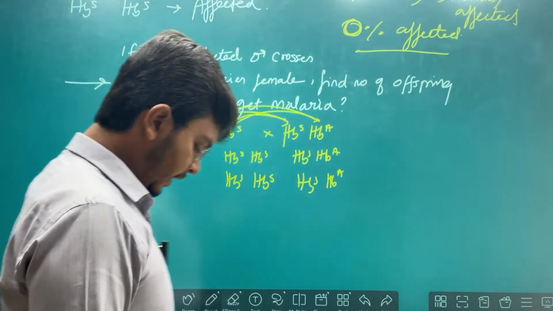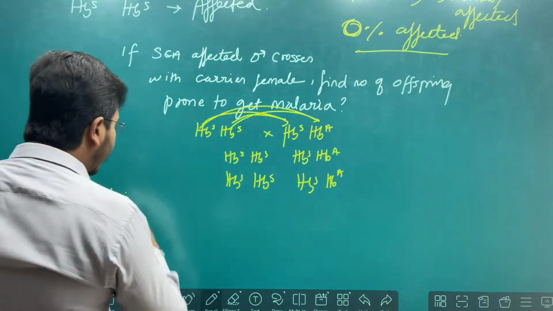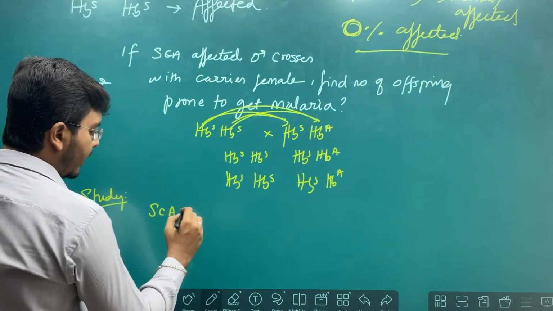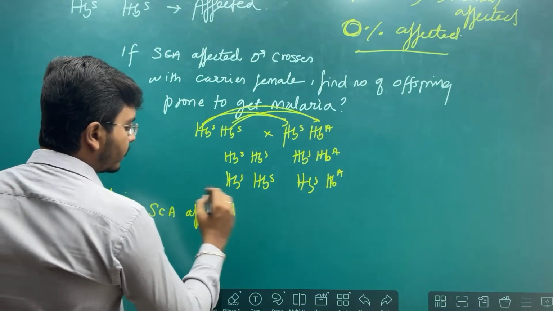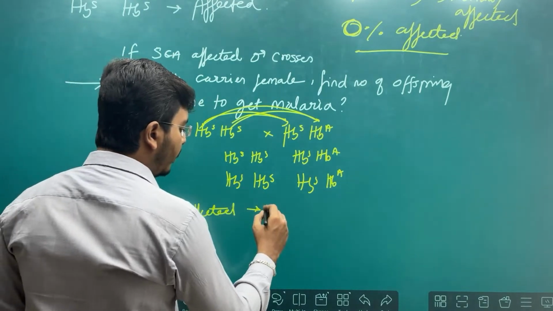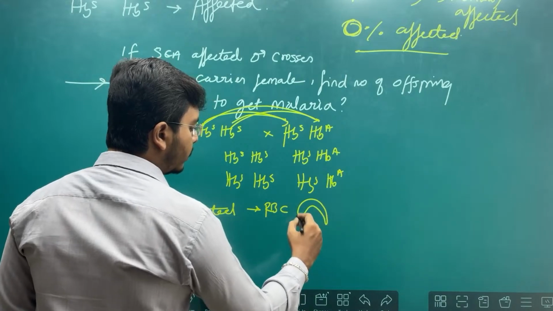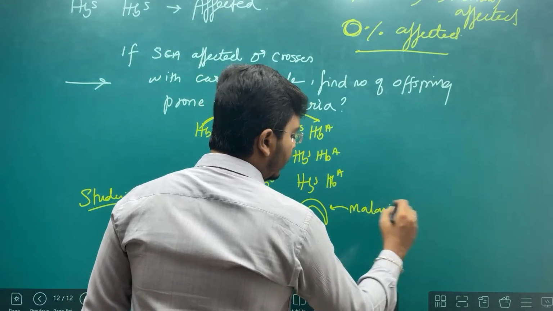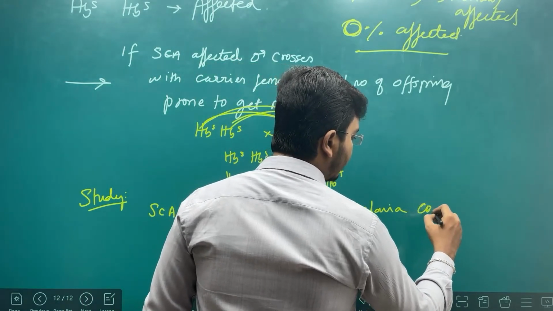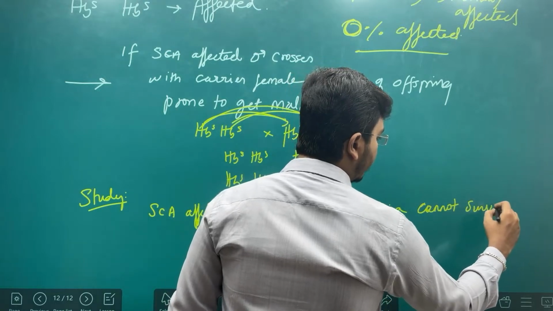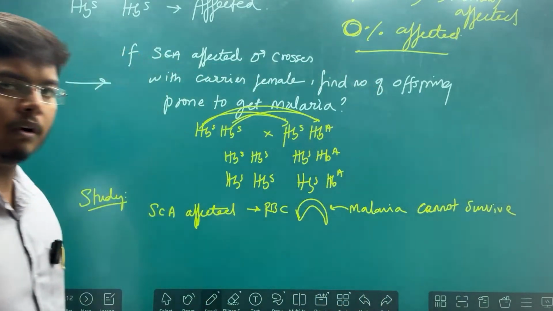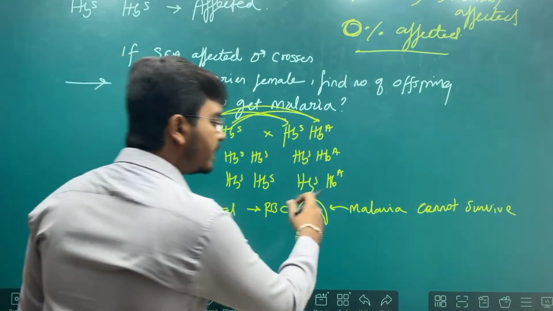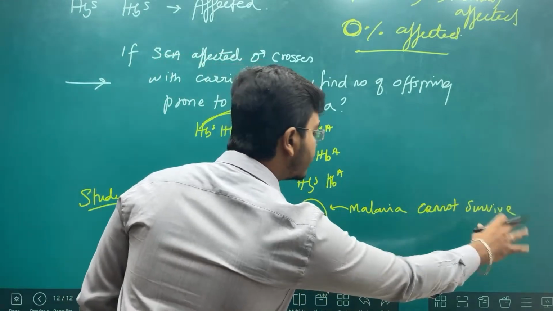What is the new topic? If a person is affected with sickle cell anemia, how will their RBC be? It will be sickle shaped. Now if malaria comes to this sickle shape, the malaria cannot survive, because for malaria to grow it needs an RBC surface, where it does all its sexual reproduction. But the RBC is sickle shaped, so malaria cannot survive.